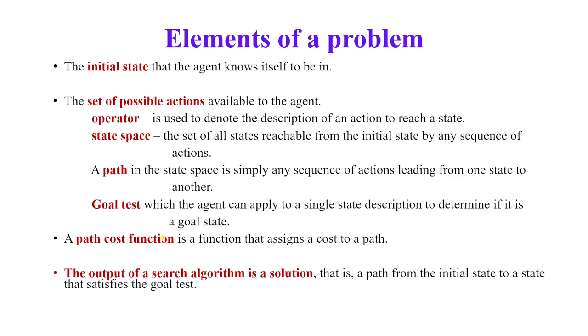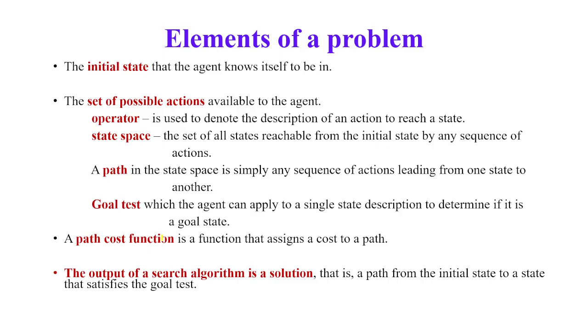The goal test is a function the agent uses to check whether a given state is the goal, whether we have reached the goal state or not. It answers the question, have I reached my destination or not? This is the goal test function.